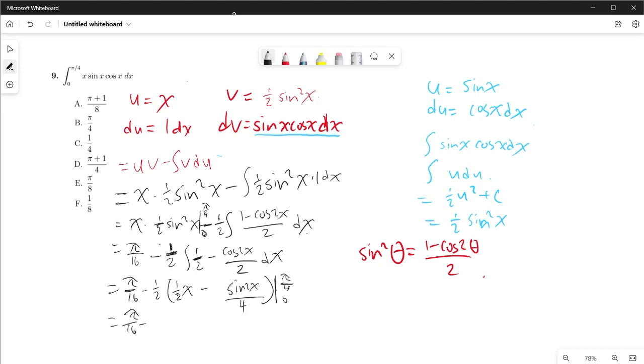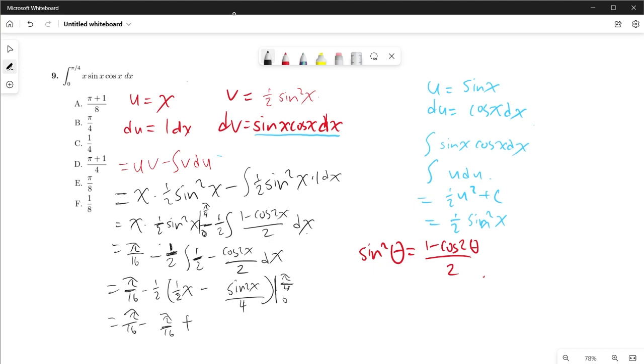So 1/2 x will be 1/2 times pi over 4, and all that will be pi over 16, minus 0 first, and then plus 1/2 times sine 2x over 4.